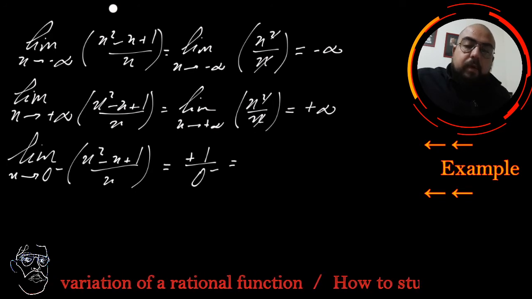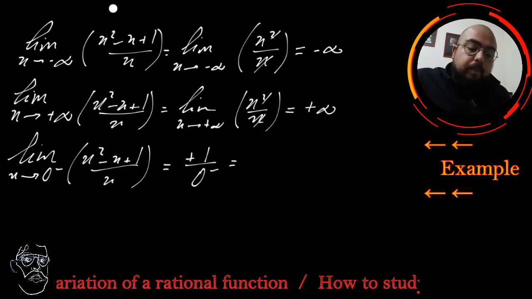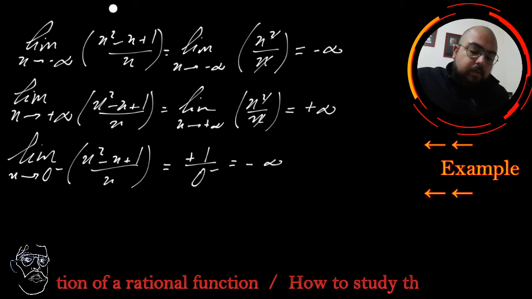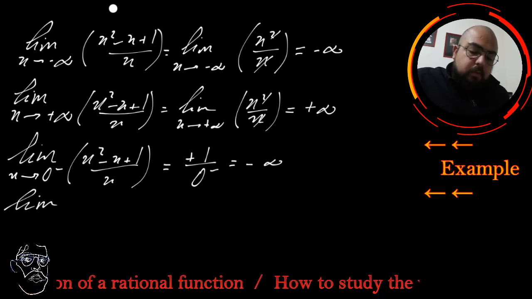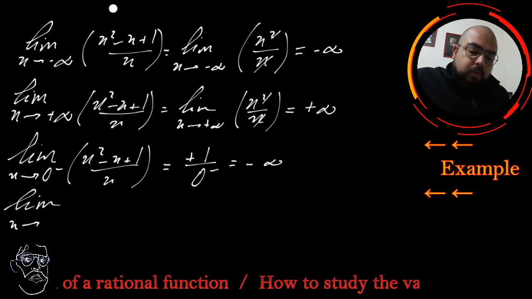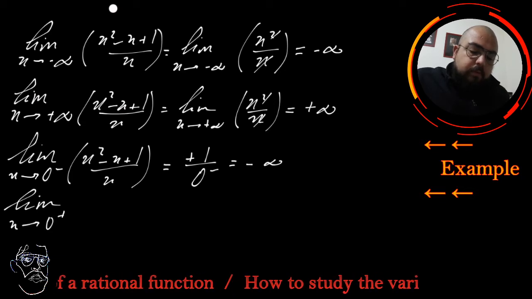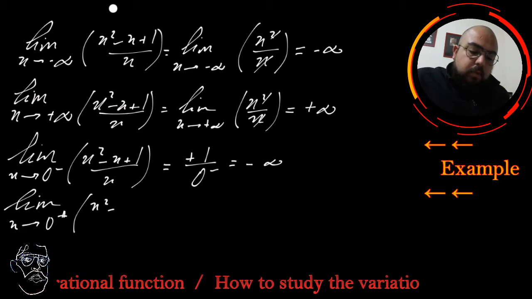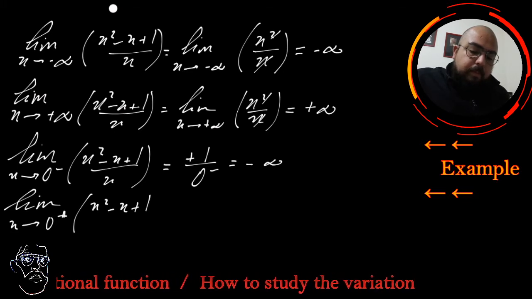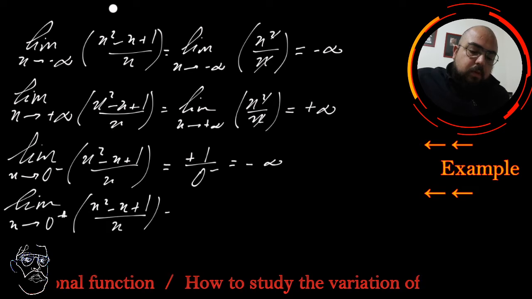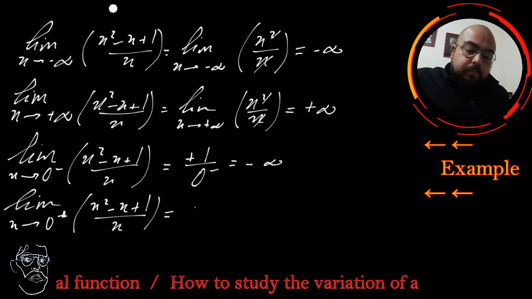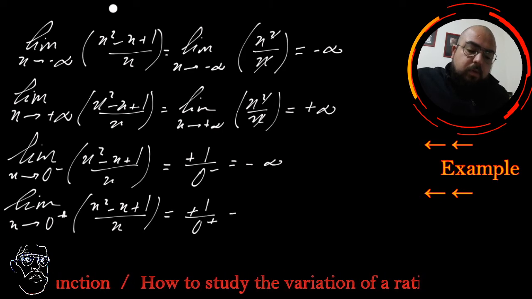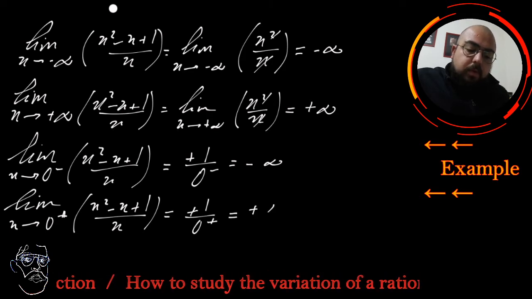So it's a negative value, 1 over 0 minus is minus infinity. And finally, the limit when x tends towards 0 plus of the same function, x squared minus x plus 1 over x, it's plus 1 over 0 plus. So in this case, it will be plus infinity.